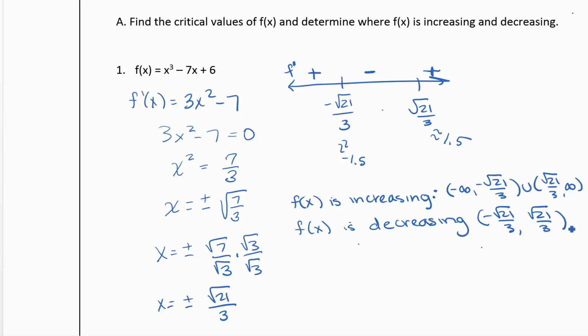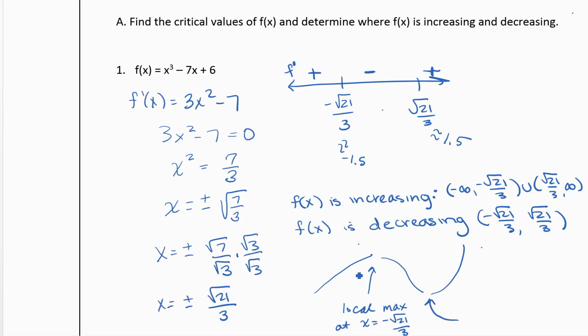Now we'll talk about this a little more, but if we go from increasing and then decreasing for a little bit and then increasing, we can see that we're going to have a local max at x equals negative square root of 21 over 3.